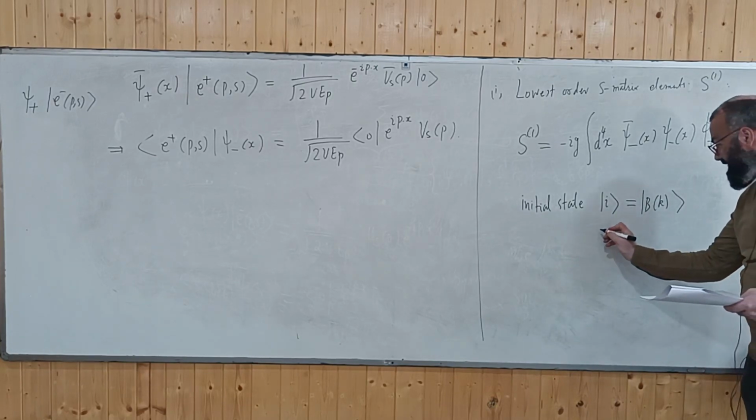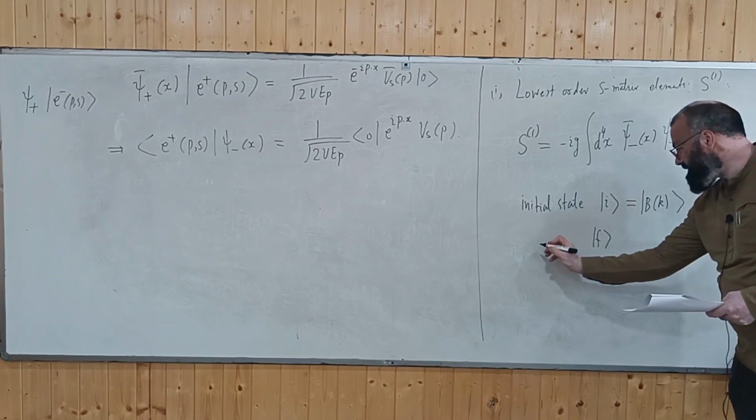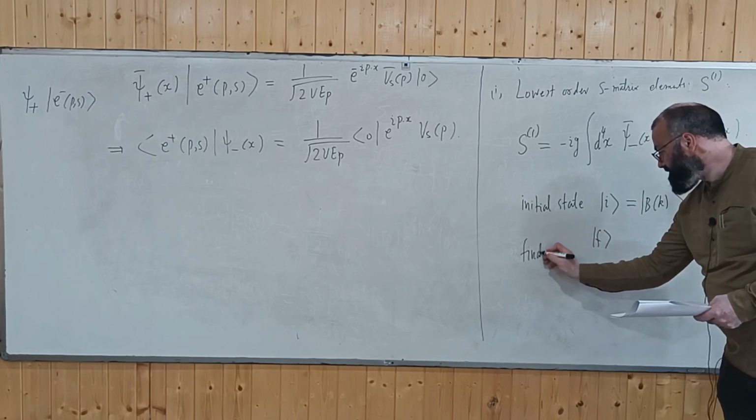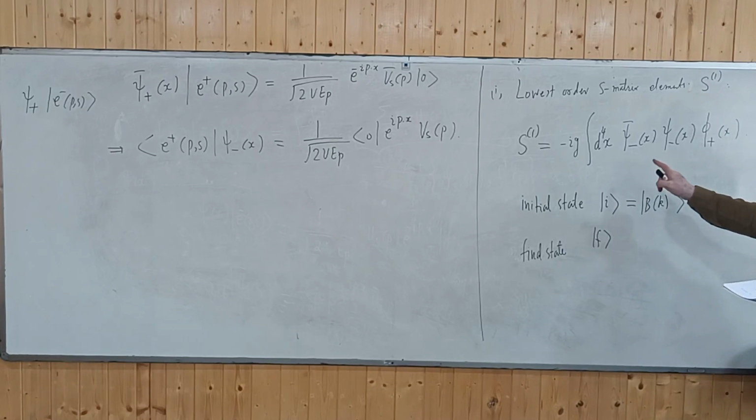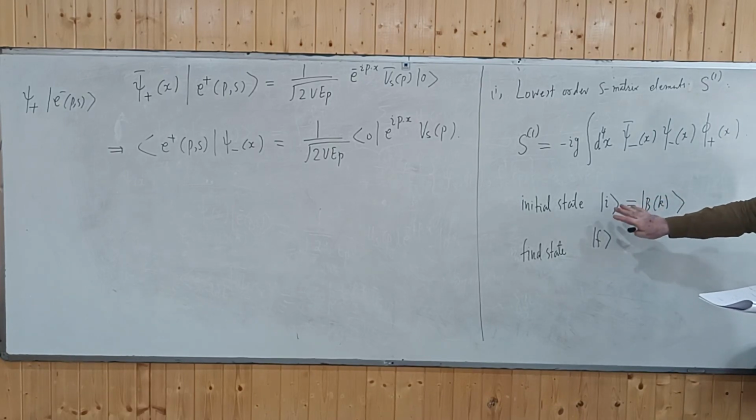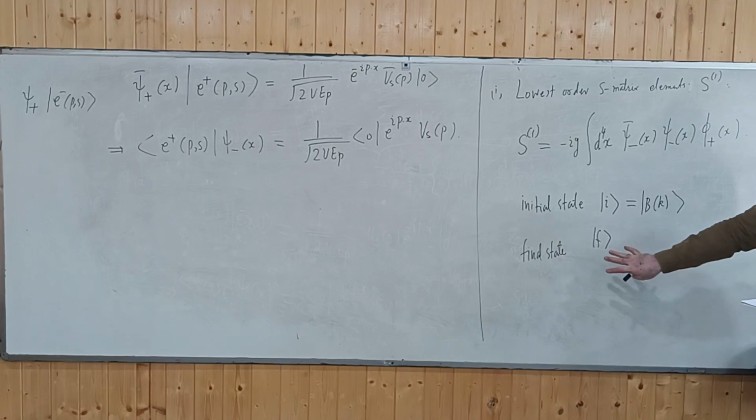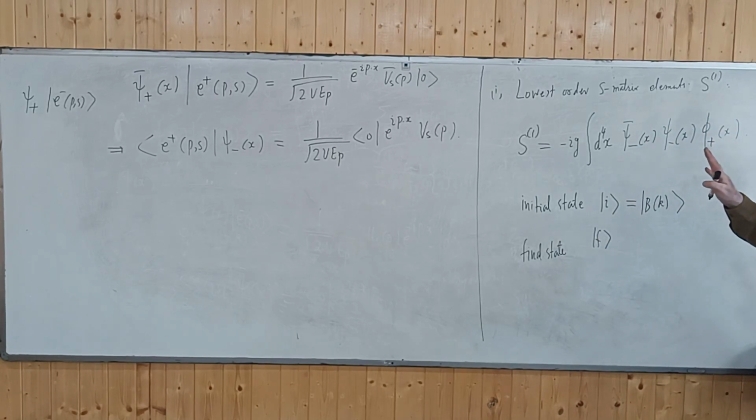And what is our final state? If I have to calculate the S matrix elements, I need to look at how this initial state evolves into the final state through this interaction. Clear?